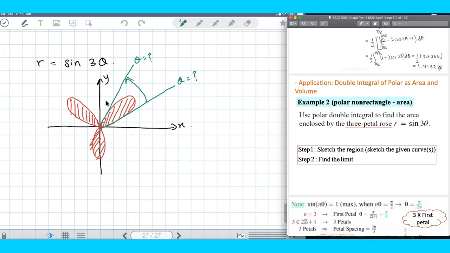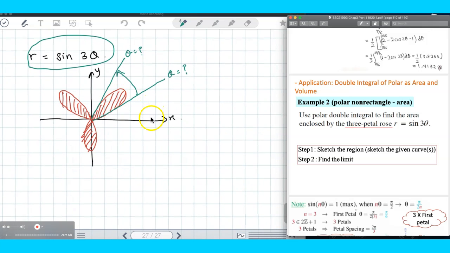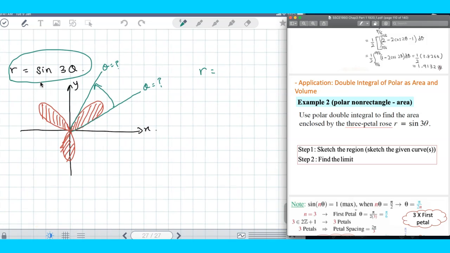Since you are only given this one, the thing that you have to know is, as you can see from the graph here, we have not only r equal to sine 3 theta, but also r equal to 0, because the graph is passing through the origin. r equal to 0 means the origin.